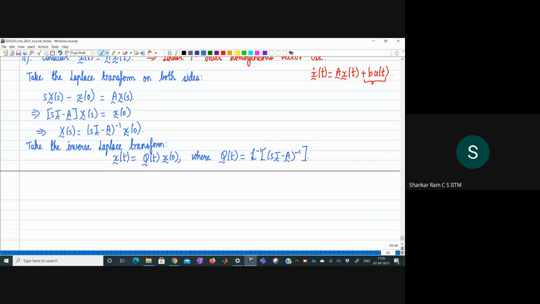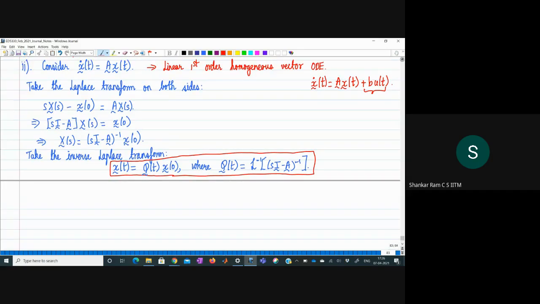So we have this quantity (sI minus A) inverse. We have to take the Laplace inverse of this quantity, and then we get a quantity called phi t. How do we get this? We'll discuss shortly. I hope the process is clear.